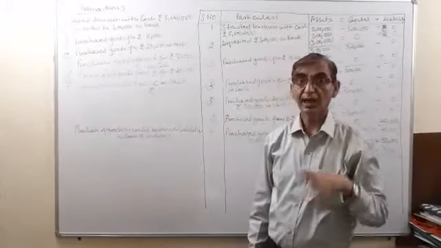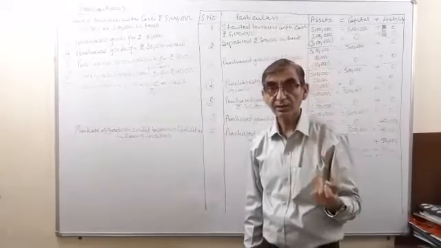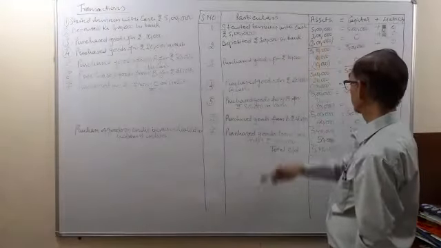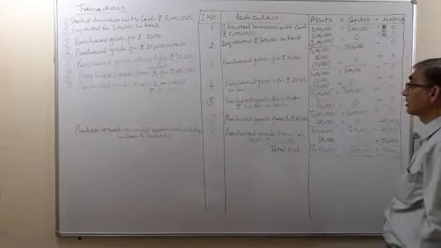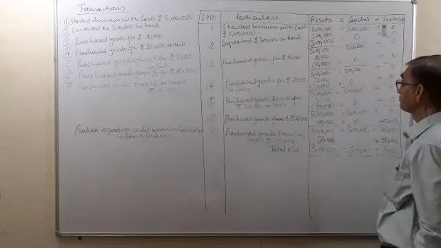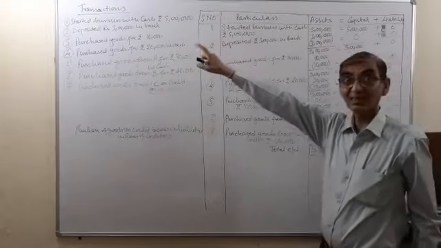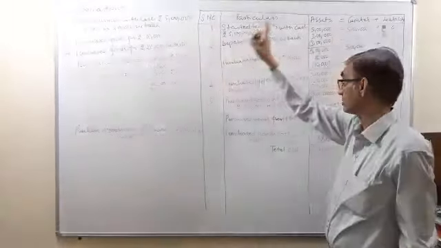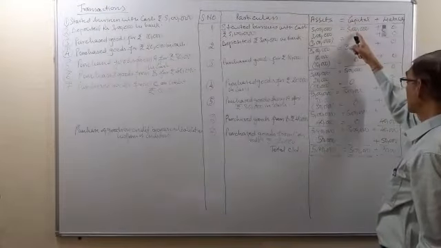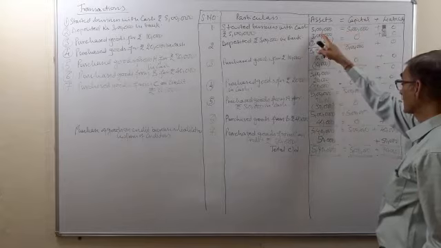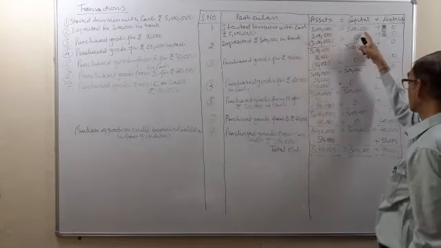It is getting cash. Cash is an asset. So our asset is going to increase. We will write rupees 5 lakh under assets. Now this 5 lakh represents our capital. So we will write 5 lakh under the capital head. So 5 lakh under asset head, 5 lakh under capital head.